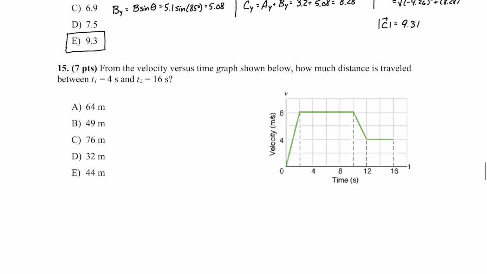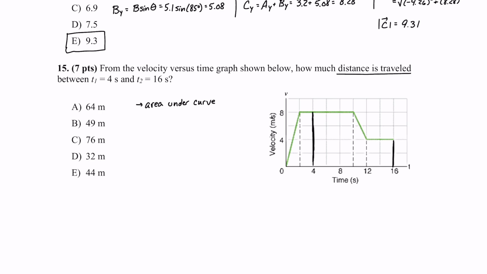Problem 15 gives us a velocity versus time graph and asks us how much distance is traveled between t equals 4 and t equals 16 seconds. The way to find the distance traveled on a velocity versus time graph is to find the area under the curve. So we want to know what is the area between t equals 4 seconds and t equals 16 seconds.